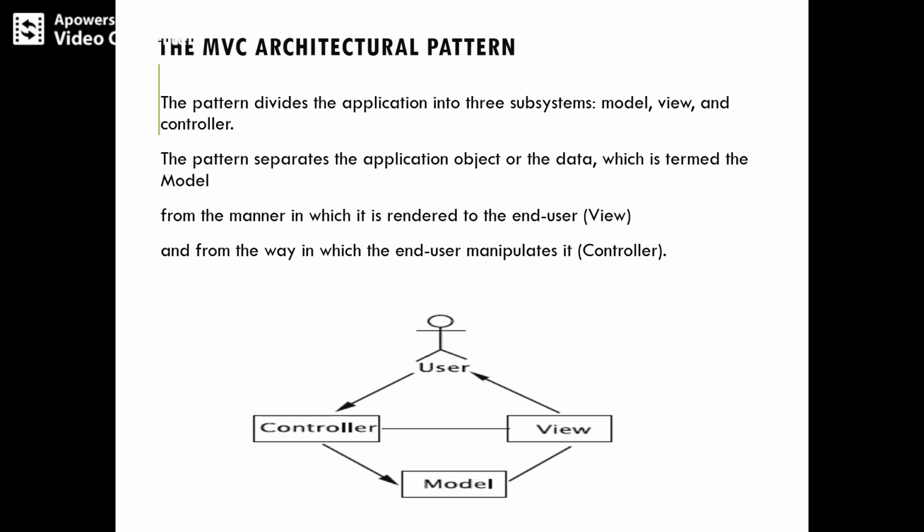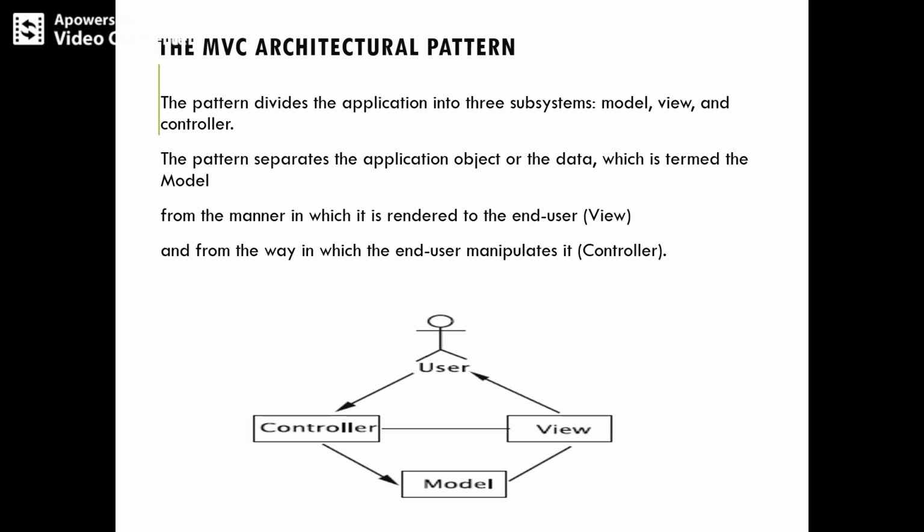That will be rendered, that is, viewed in the view format, which is the view class or view subsystem. The end user can control and manipulate the entire view through the controller. So the user can control the model to view. This is the initial basic diagrammatic representation of Model View Controller.